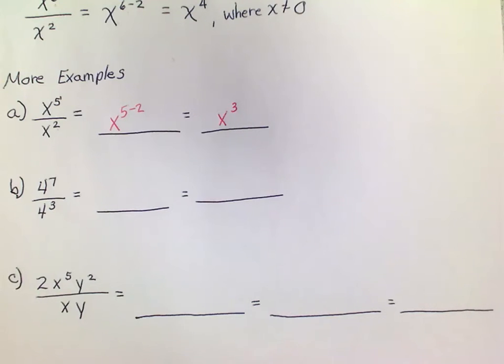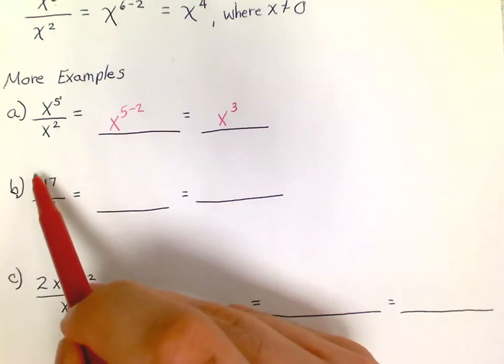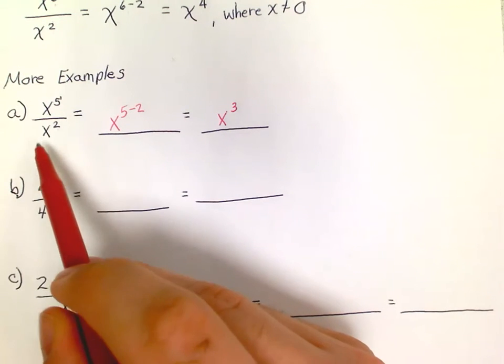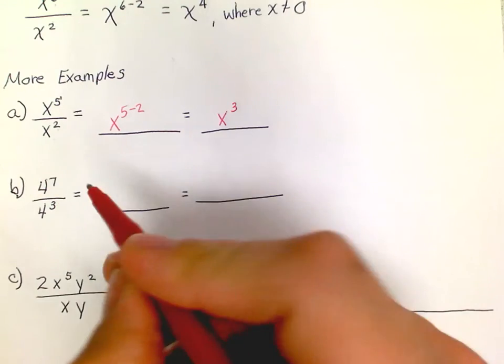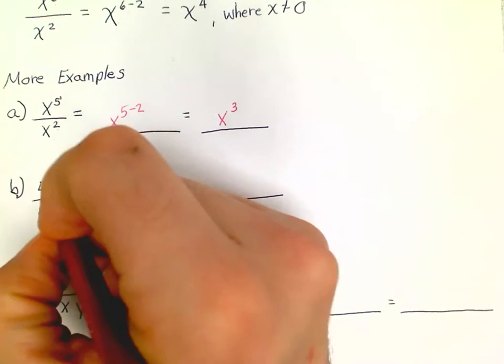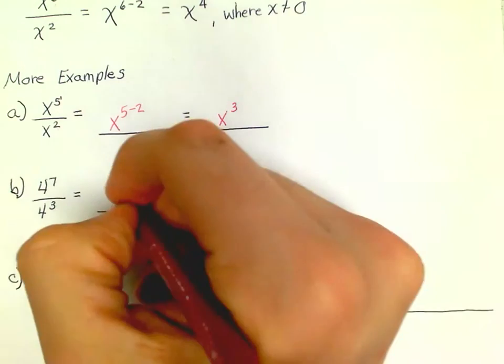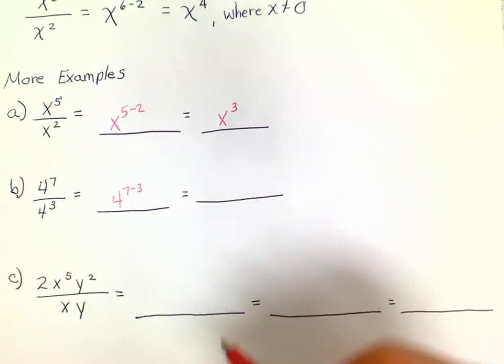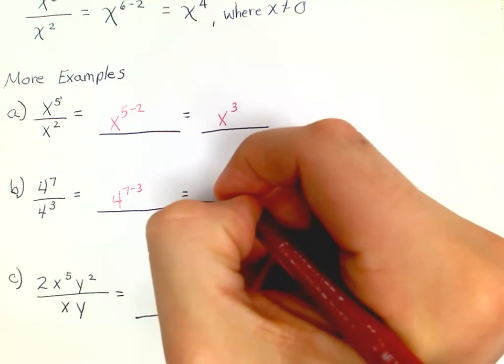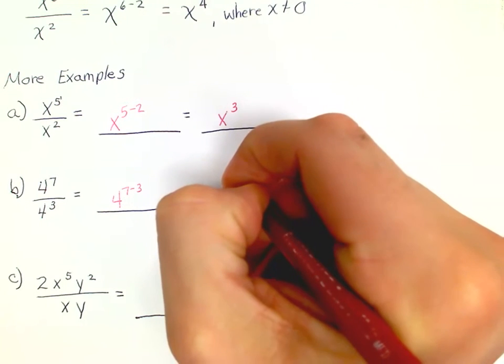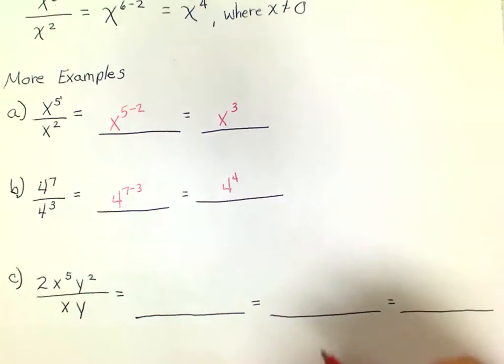Alrighty, looking at example B, we have actual numbers for the base instead of variables. So let's just work this through. Let's bring our base with our exponents subtracting each other. So 7 minus 3, that's equivalent to 4 to the 4th power.